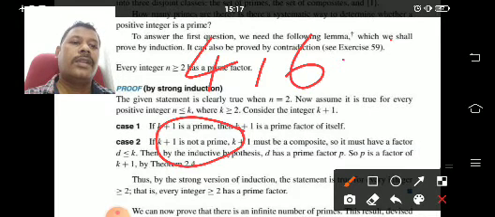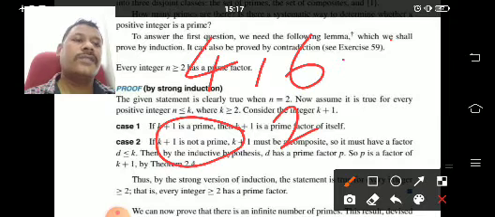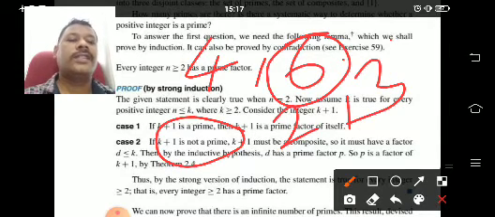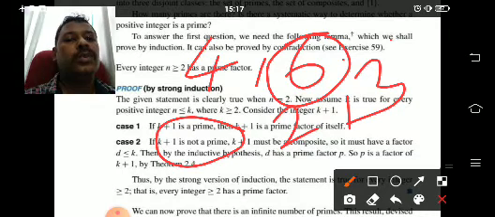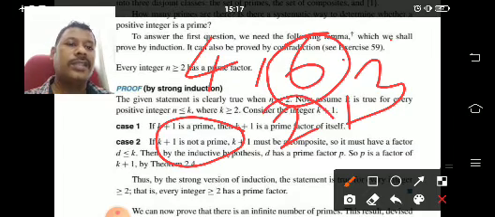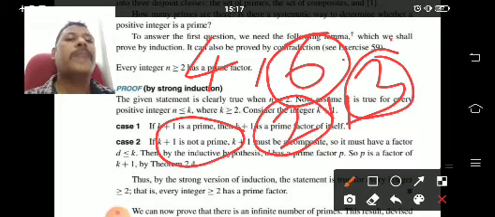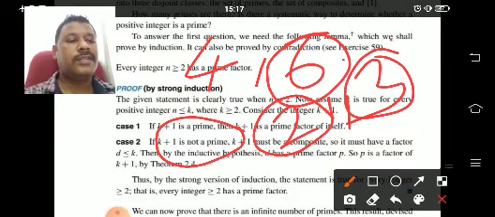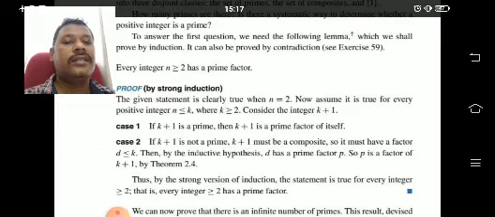For 4, its factor is 2. For 6, its factors are 1, 2, 3, 6. We know that 2 and 3 are prime numbers. In a similar manner, d is less than or equal to k.